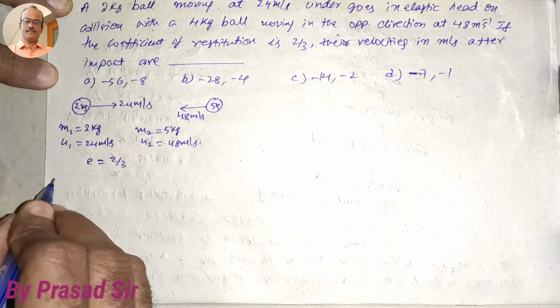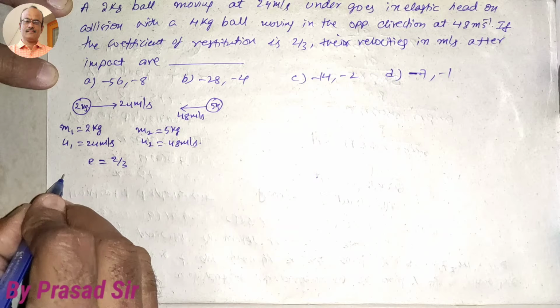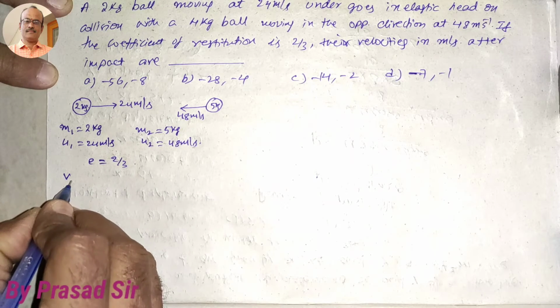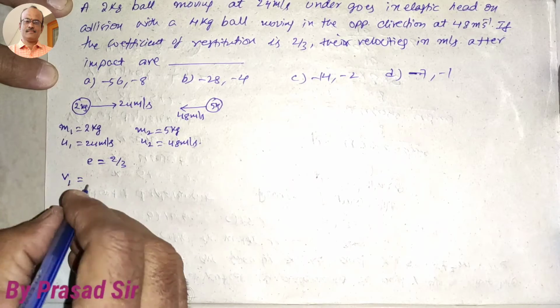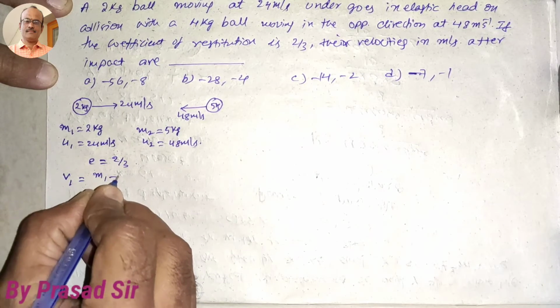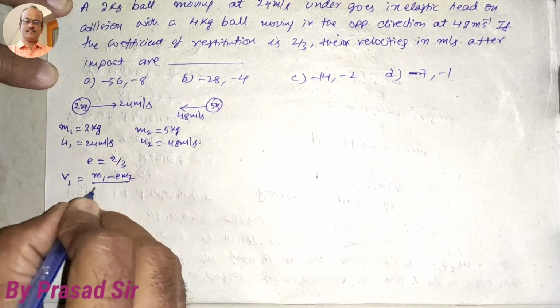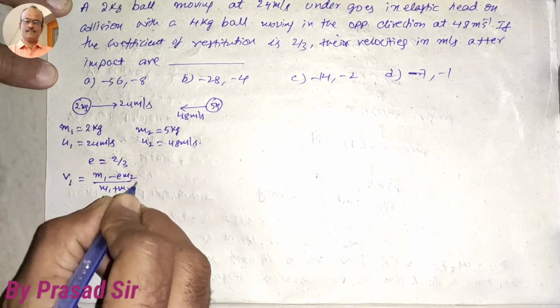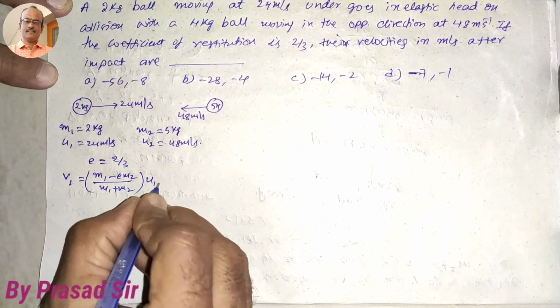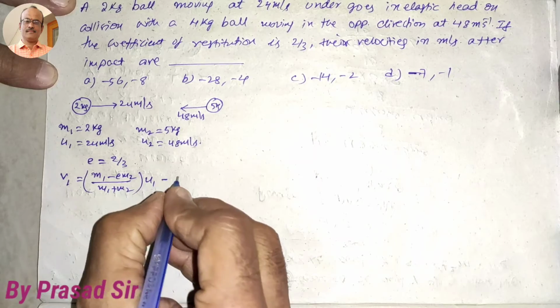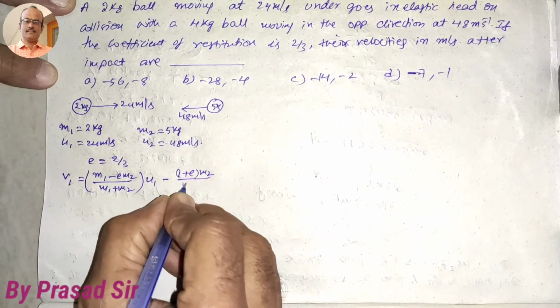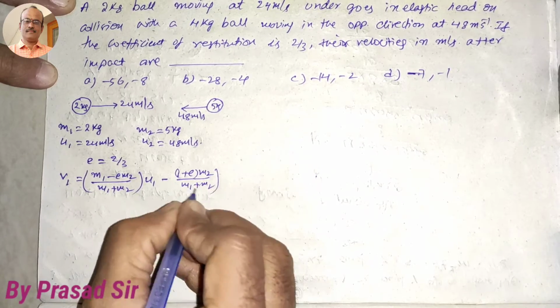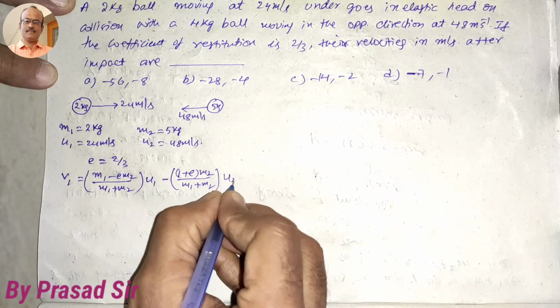After impact, what are the velocities? First of all, both are in opposite direction. So V1, after impact, the final velocity of the first body, is equal to (m1 minus e m2) divided by (m1 plus m2) into u1, minus, because of opposite direction, (1 plus e) into m2 divided by (m1 plus m2) into u2.